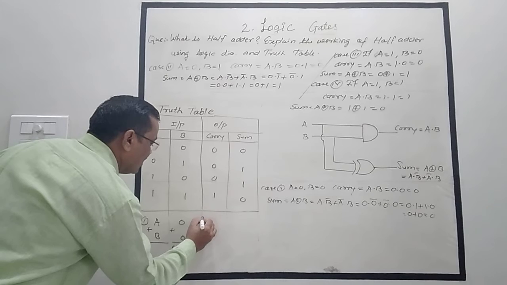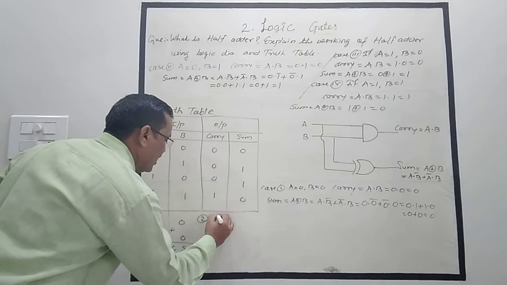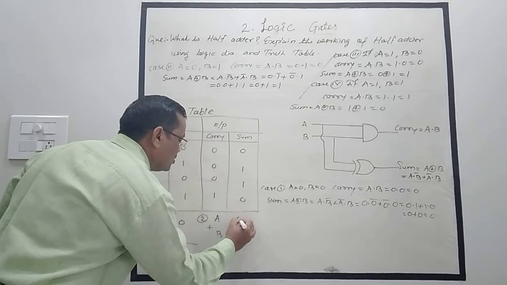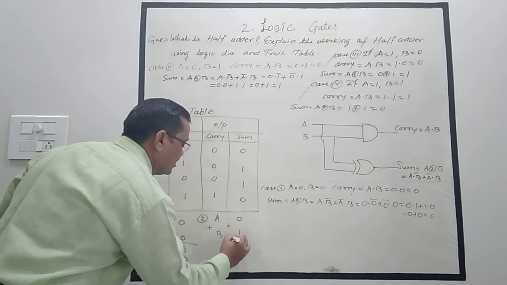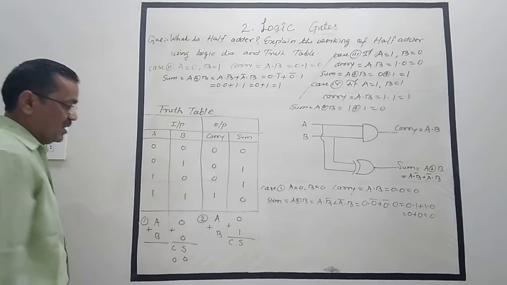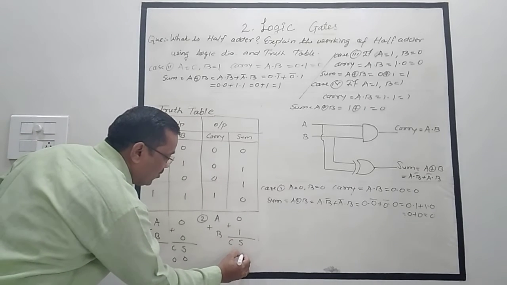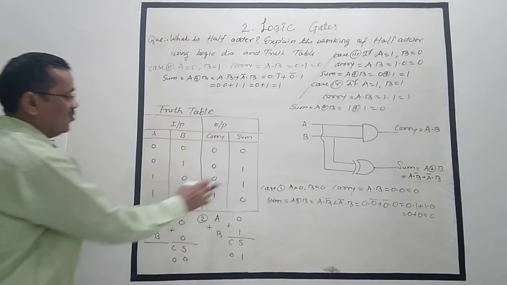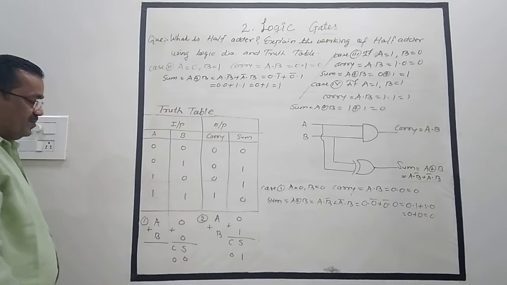Second case, A plus B addition. A is equal to 0, B is equal to 1. That gives, here it is carry and here it is sum. So 0 plus 1 is 1, carry is 0. Sum is 1, carry is 0.